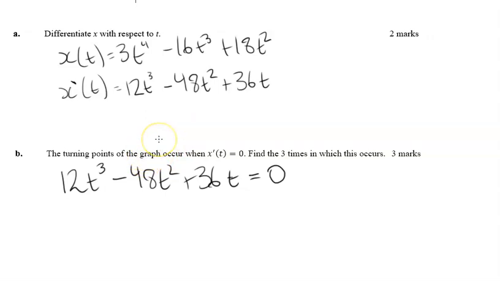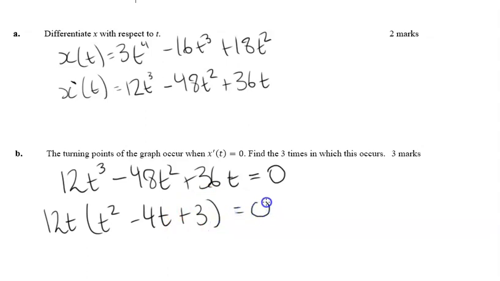What's going on here? Well, in order to tackle this, we can take out 12t as a common factor. And what we have left is t squared minus 4t, letter t, plus 3, and this here is equal to 0.